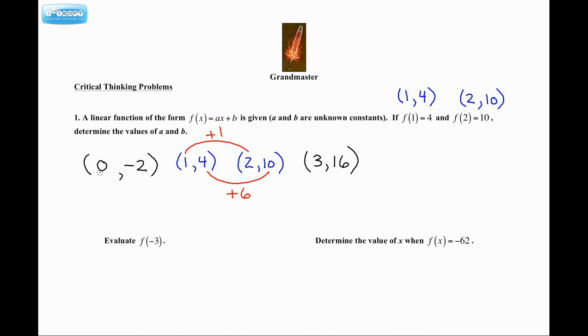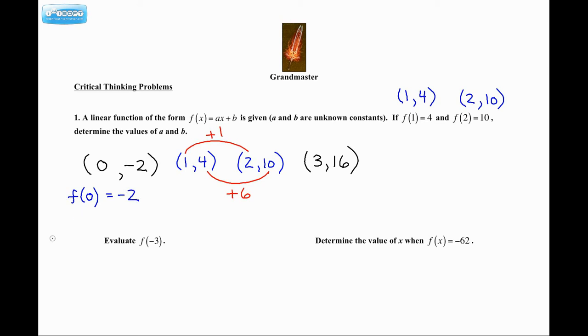Why that is useful is because if you substitute x equals 0 into here and multiply it by a, 0 times anything is 0. In other words, a just disappears. So we are told that f of 0 is negative 2. That's from my ordered pair.